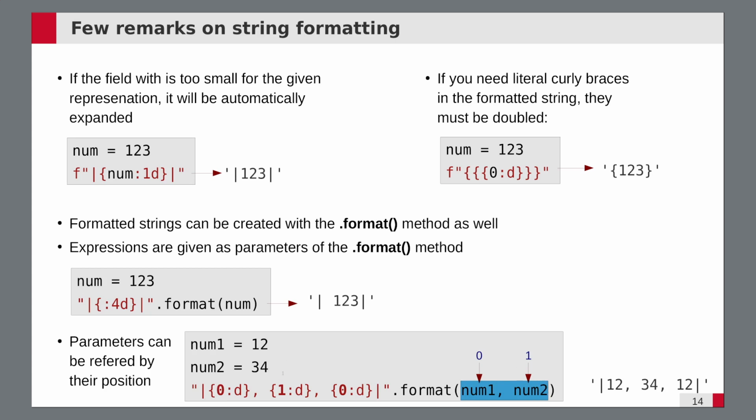So for example, if I want to print number 1, then number 2, then number 1 again, I could say, okay, first give me the 0th of the arguments. We start counting from 0 in Python. Then give me the first argument, and then give me the 0th argument again. The 0th argument is num1, and the first argument is num2, and then it would do it accordingly, right? So that should be okay.